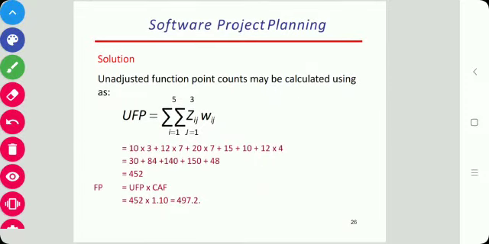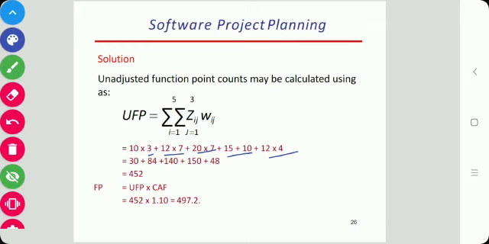So UFP is: low value for input is 3, so 10 into 3, then 12 into 7, 20 into 7, 15 into 10, and 12 into 4. So 10 into 3 is 30, 12 into 7 is 84, 20 into 7 is 140, 15 into 10 is 150, plus 12 into 4 is 48.